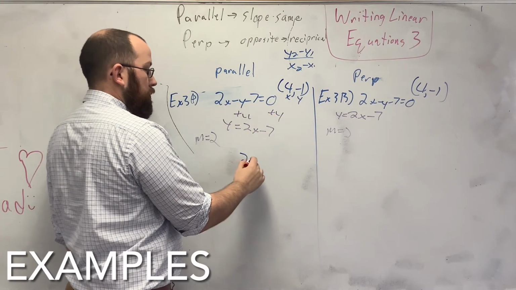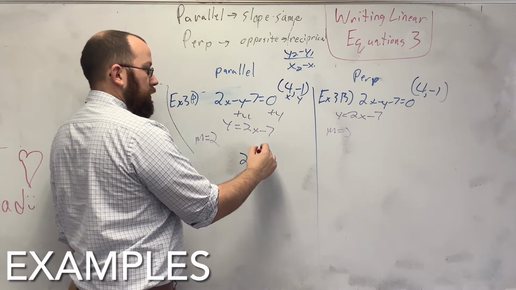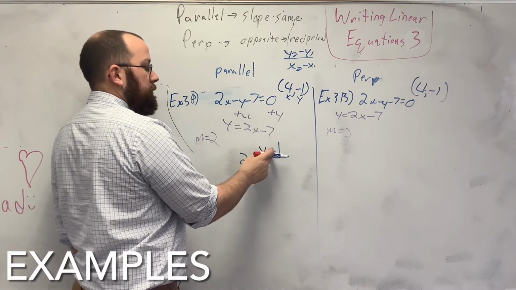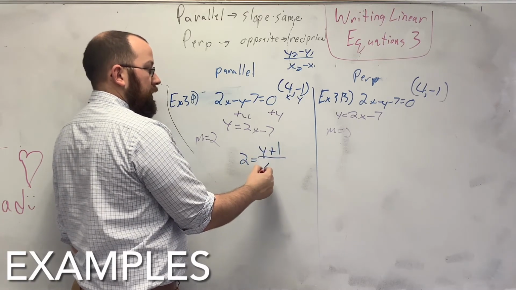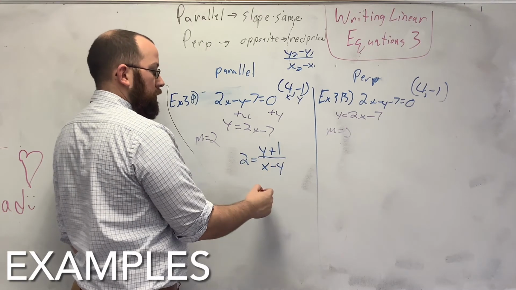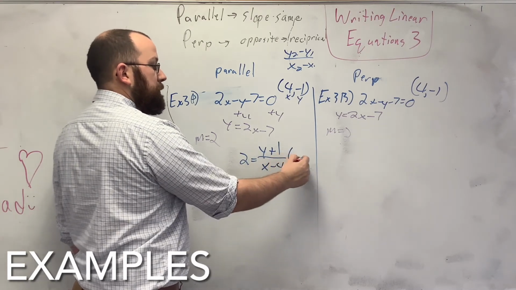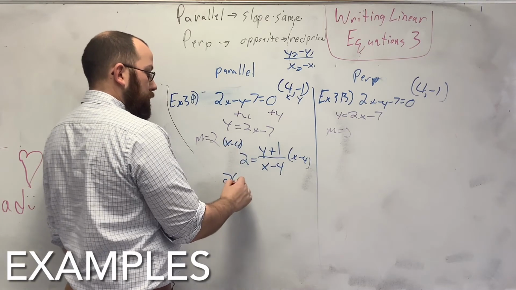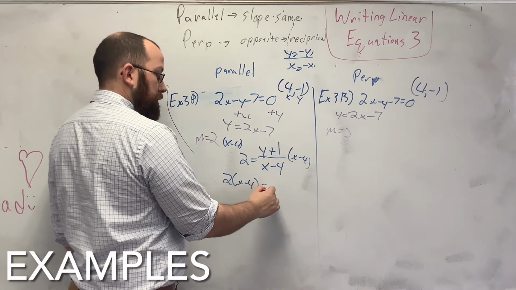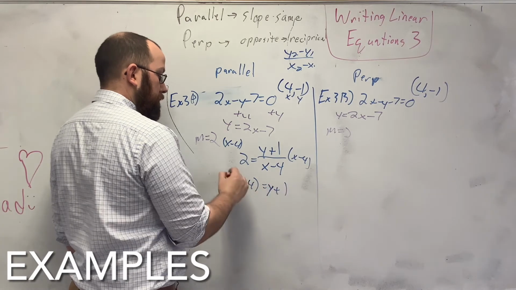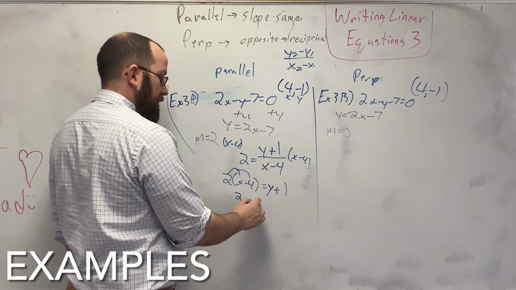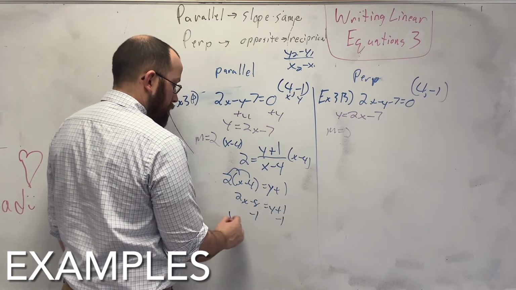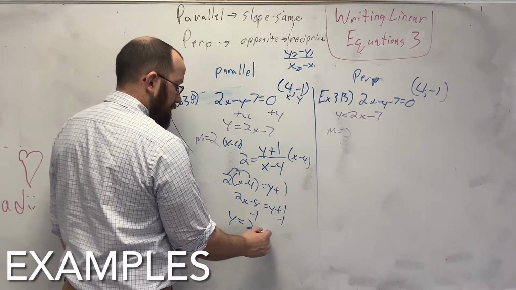So now 2 equals y plus 1, because that just means to change the sign, over x minus 4. Multiply both sides by x minus 4. So I get 2 times x minus 4 equals y plus 1. Distribute: 2x minus 8 equals y plus 1, minus 1, minus 1. y equals 2x minus 9.